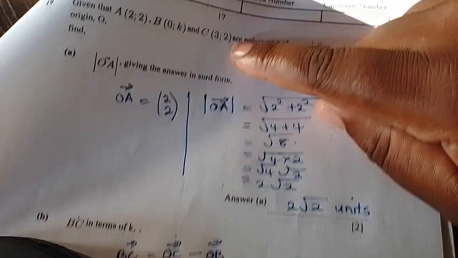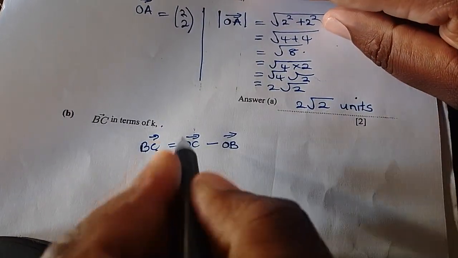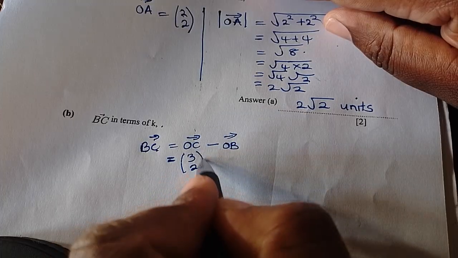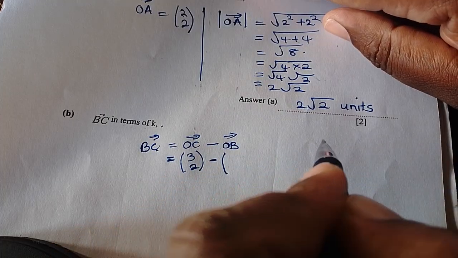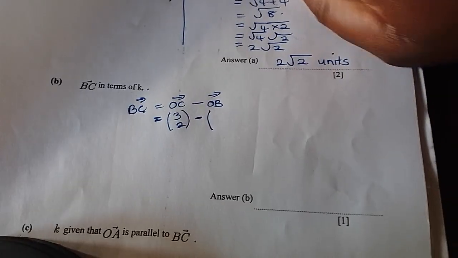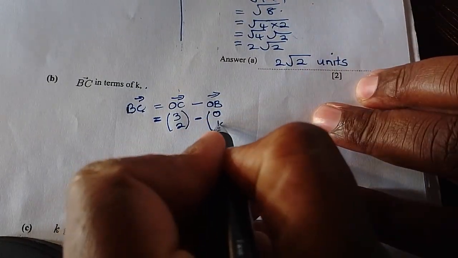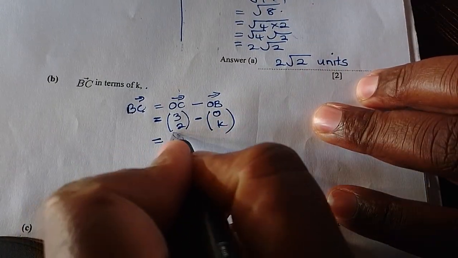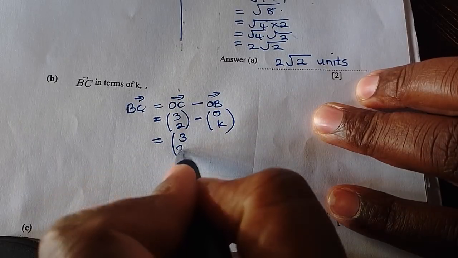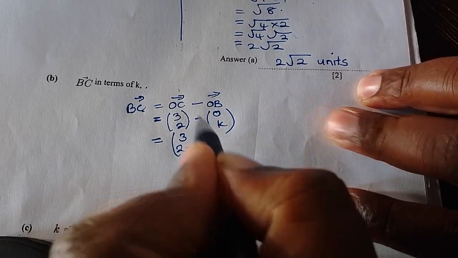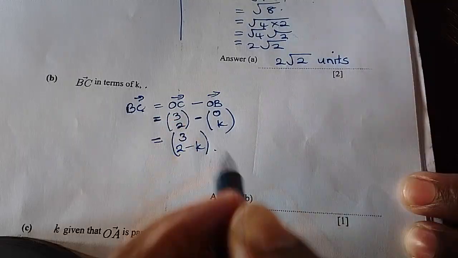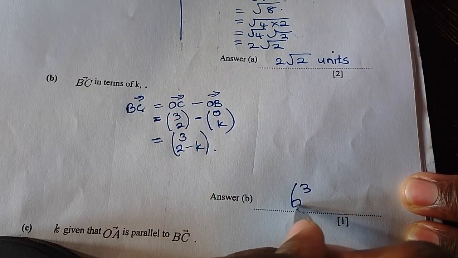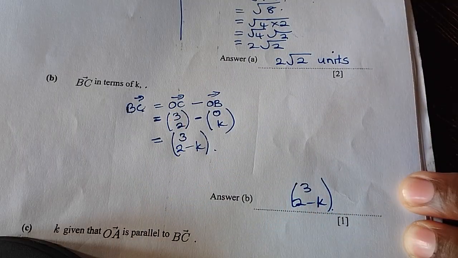It's a position vector. So it's 3, 2 minus OB. Our OB is 0, K. We subtract: 3 minus 0 is 3, 2 minus K. We should leave our answer in terms of K, so it's 3, 2 minus K.